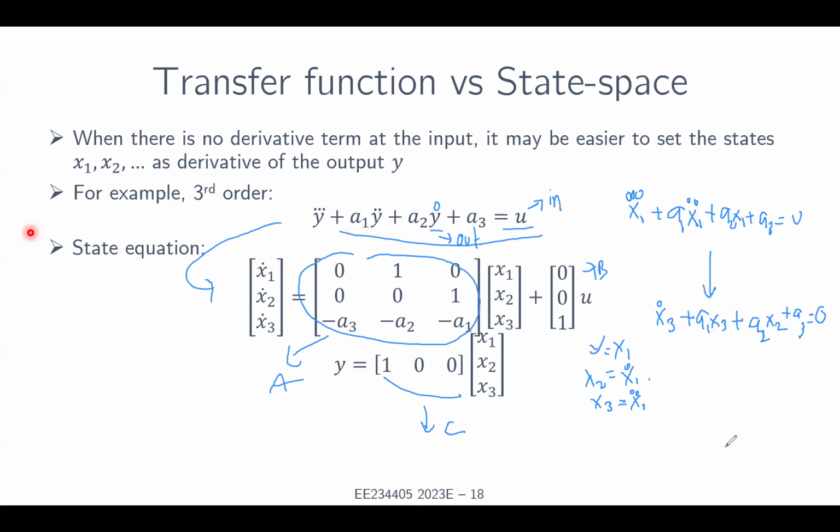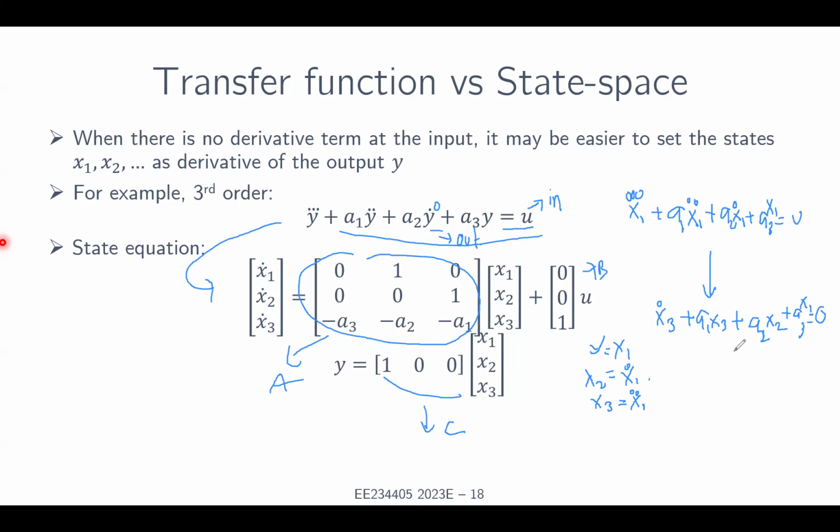Okay, let me change this a little bit. Right, sorry about that. So this should be x1 dot, and this should be just x1, and this should be x2, and this should be x1, right? So we don't get the constant here. Sorry for the typo.